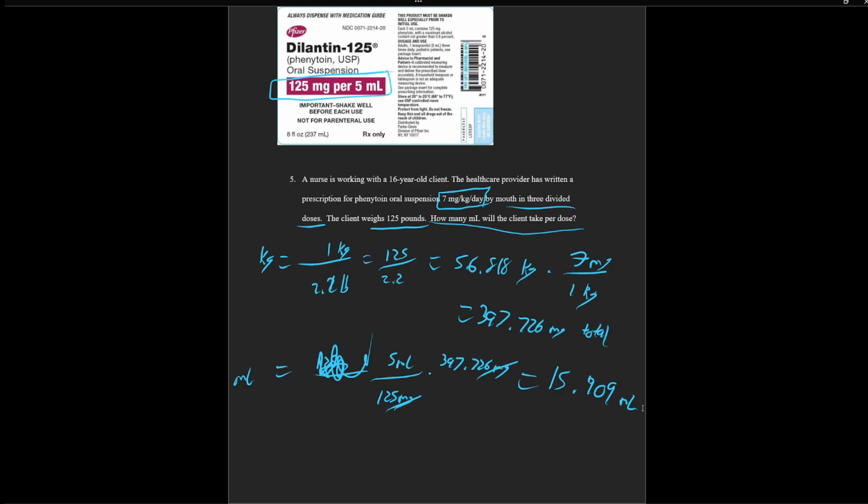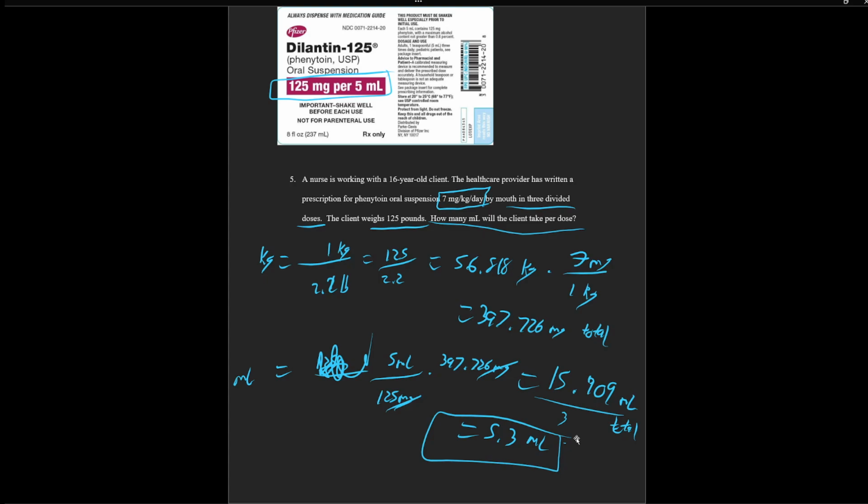So we know that they're going to be receiving 15.909 milliliters total. And then because this is being split into 3 doses, we can divide that number by 3, which is 5.3 milliliters total per dose.